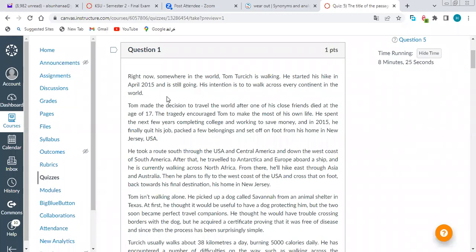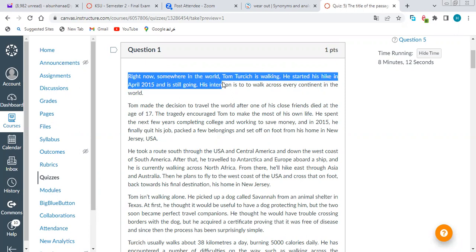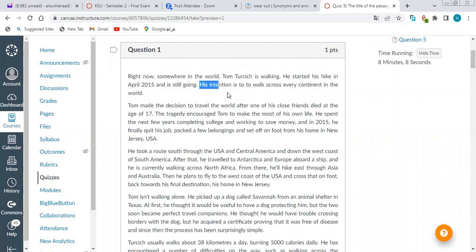Try to read the first and the last sentence in each paragraph. For example, right now, somewhere in the world, Tom Tursish is walking. Here, you can read the last sentence: His intention is to walk across every continent in the world.